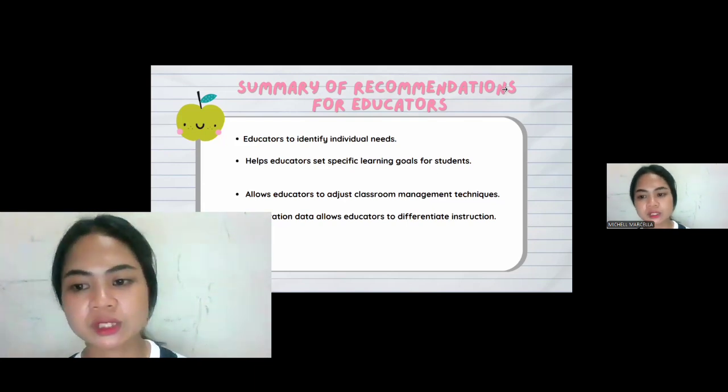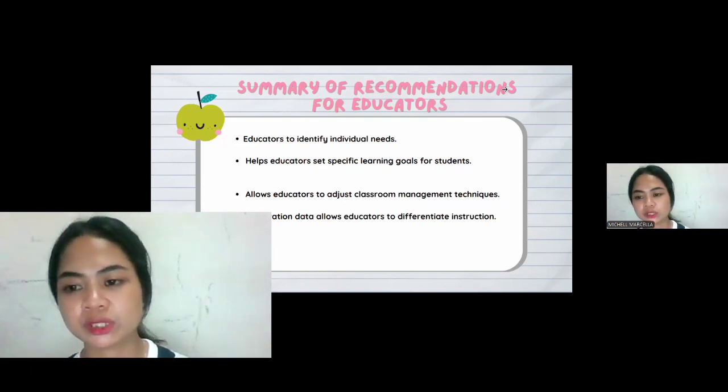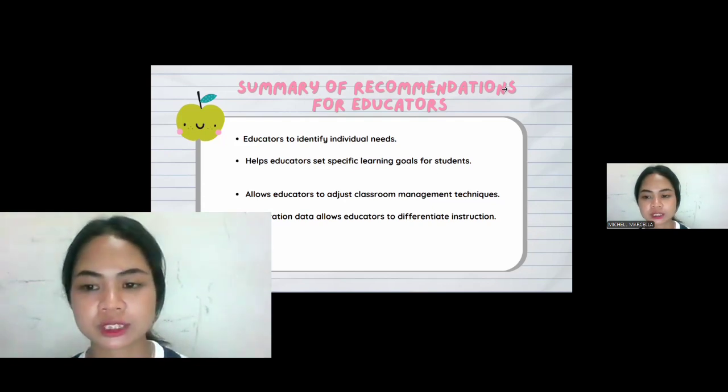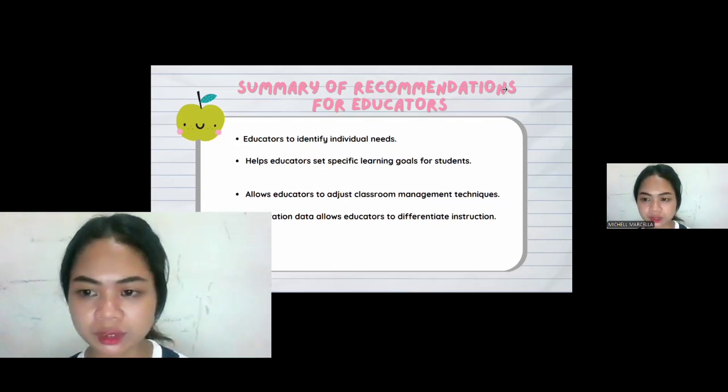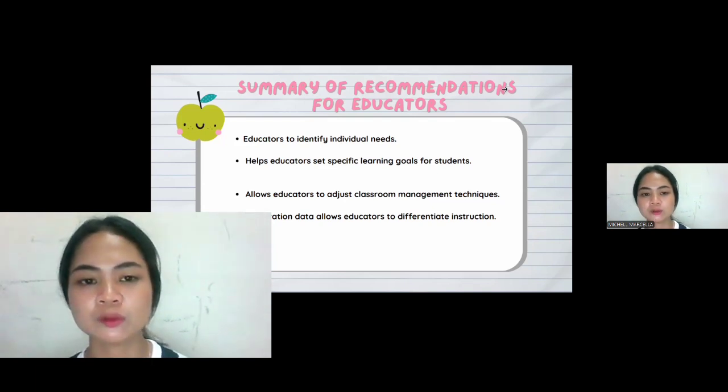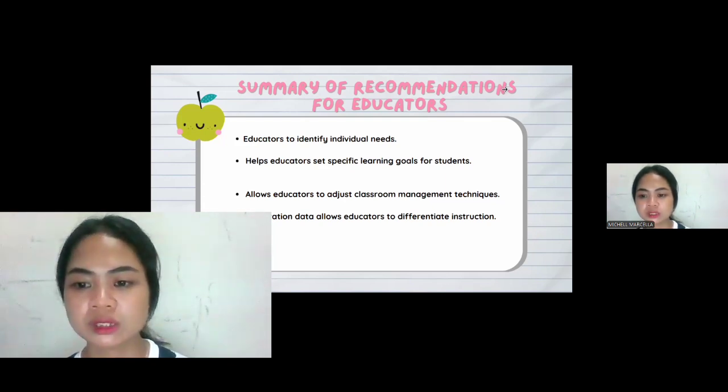For example, if a child is often distracted, the educator may introduce more structured routine or offer breaks during lesson to maintain their focus. Additionally, the educator can implement a reward system for positive behavior or intervene with individual support for students who need additional guidance.